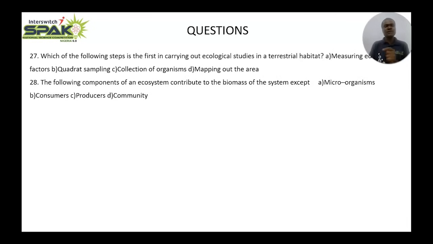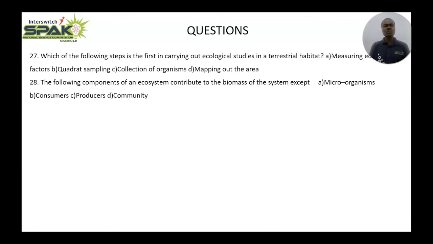The following component of an ecosystem contributes to the biomass of the system, except which? A, microorganism; B, consumer; C, producer; D, community. Microorganisms contribute to the biomass. Of course, microorganisms can attack you and make an organism lose weight.